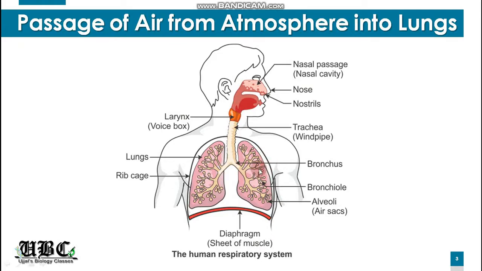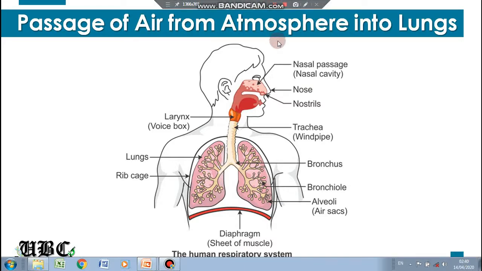Ultimately, it ends in pouch-like air sacs at the end of the smallest bronchioles, and these are known as alveoli. The walls of the alveoli are very thin and are surrounded by thin blood capillaries. And in the alveoli, the gaseous exchange takes place.